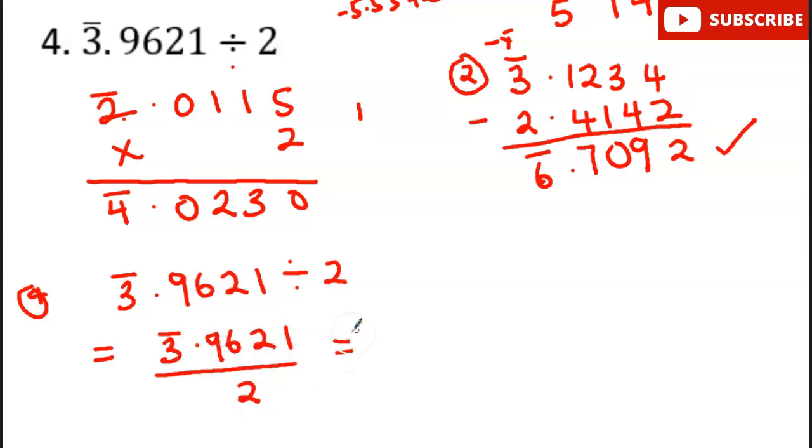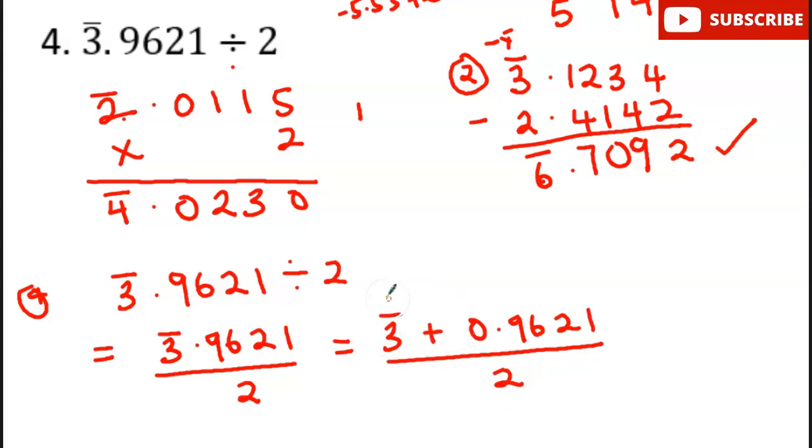We then split this into the characteristic and the mantissa. So 3 bar plus 0.9621 on 2. Now listen, the characteristic here is 3 bar. So what you do is, the denominator is 2.